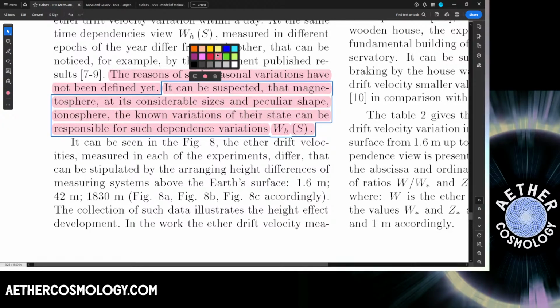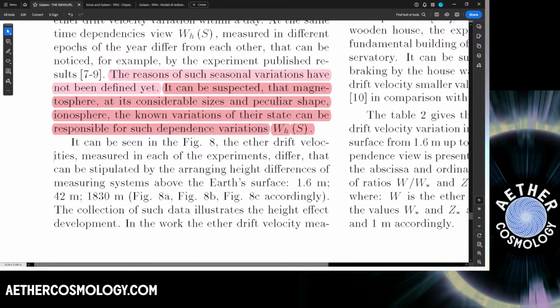It can be suspected that the magnetosphere, at its considerable size and peculiar shape, and the ionosphere, that the variations of their state can be responsible for such dependence variations of the ether wind and sidereal time. So he's saying the ionosphere and the magnetosphere might be deflecting the ether wind to some degree.